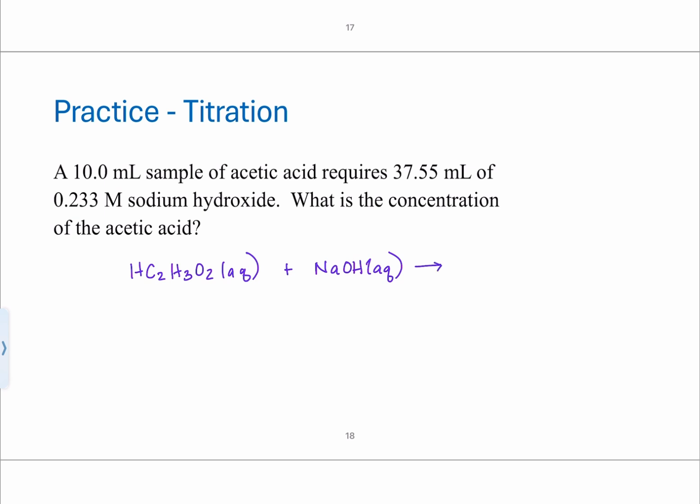We have acetic acid. That's reacting with sodium hydroxide.